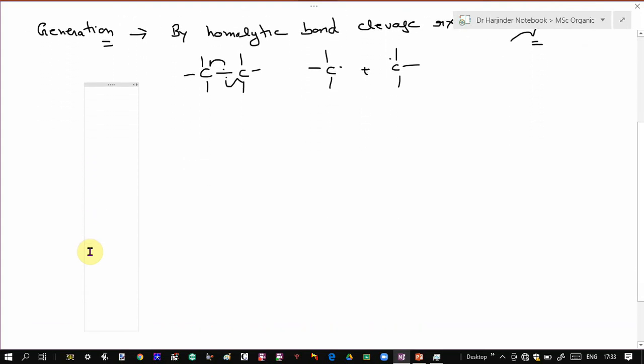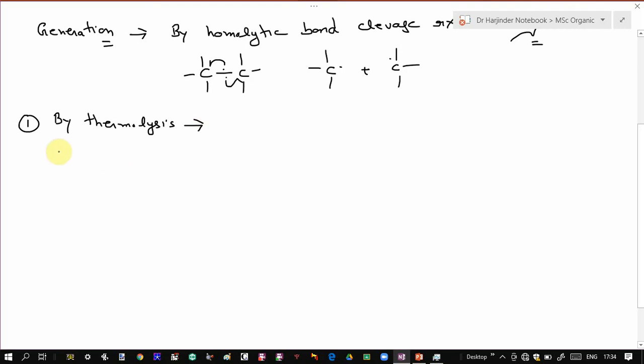The first one is by thermolysis. That means we can homolytically break a covalent bond by thermal reaction or by thermolysis.